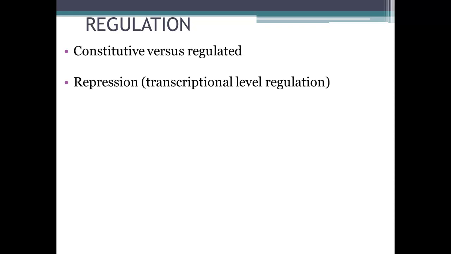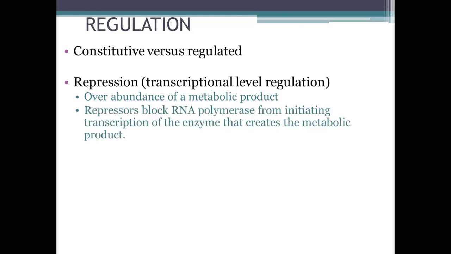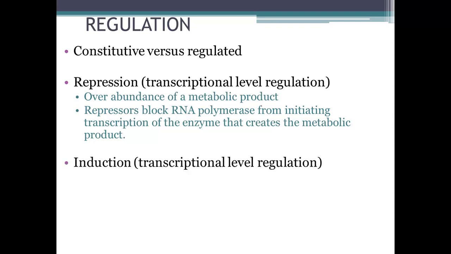Repression, which is transcriptional level regulation, occurs when we have an overabundance of a metabolite product. So repressible enzymes is usually a response to overabundance of a metabolic product. Repressors block RNA polymerase from initiating transcription of the enzyme that creates the metabolic product.